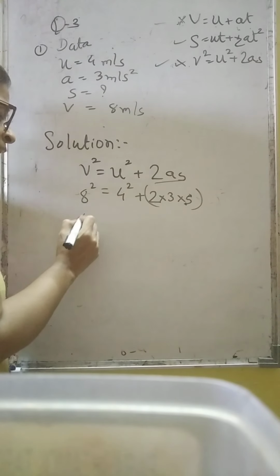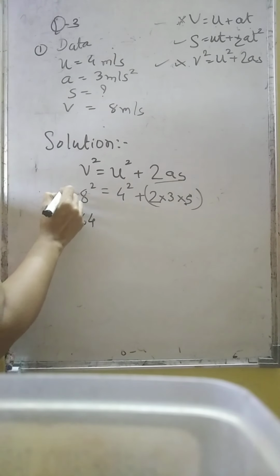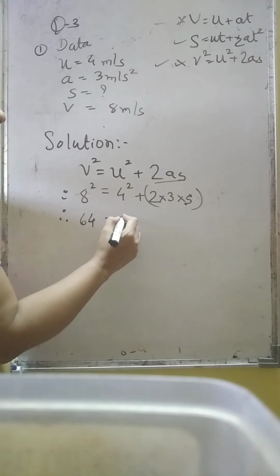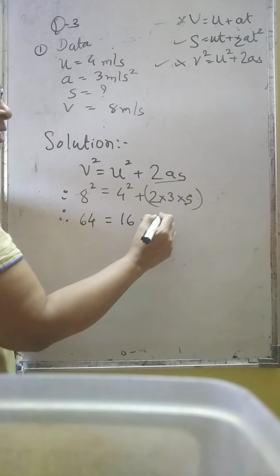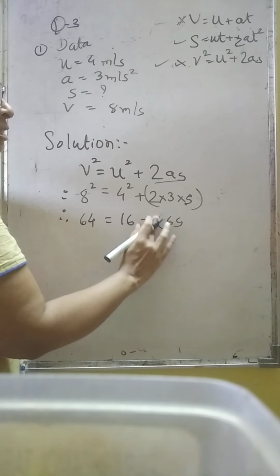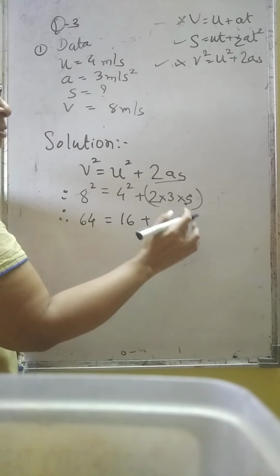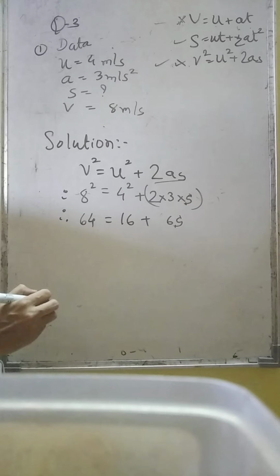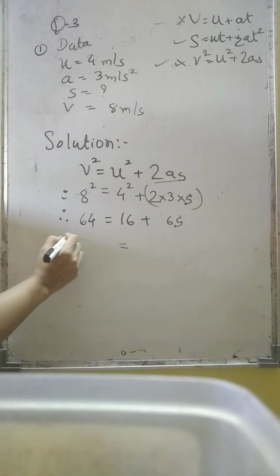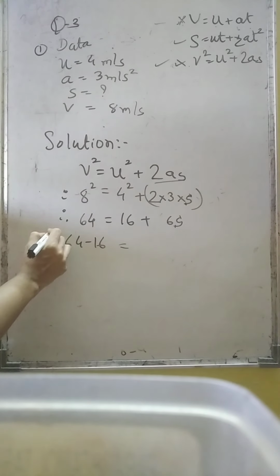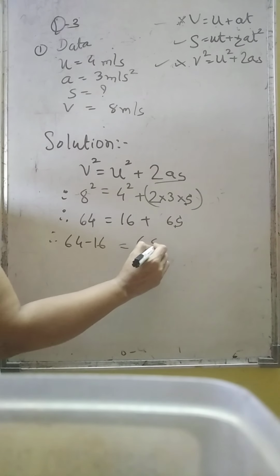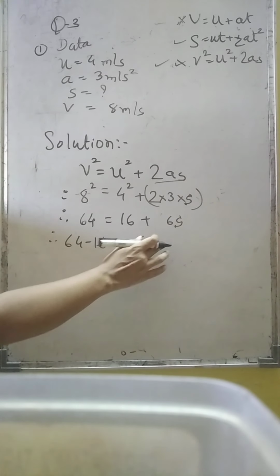What is 8 square? 64. What is 4 square? 16 plus it is 6s. Right? 2 times 3 is 6, so 6s. Now how will you do? 64 minus 16 is 6 into s.